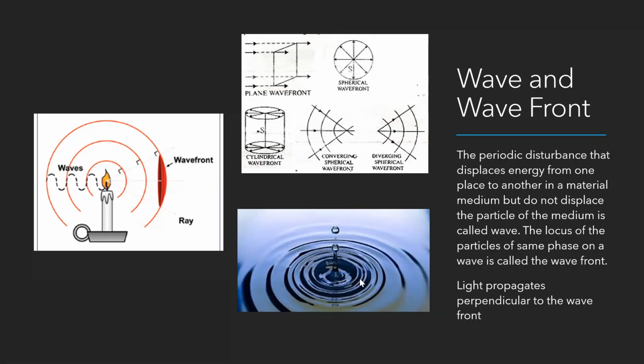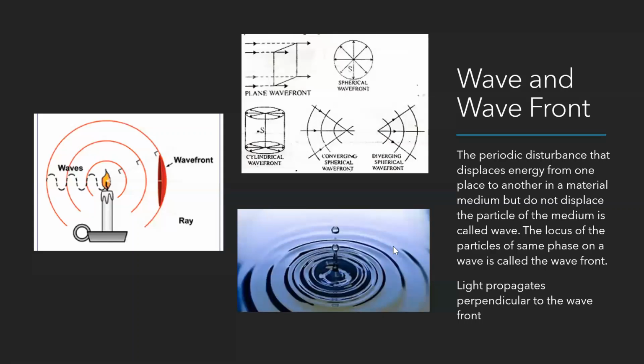Now, if I take a nearby point, the particles at that point are moving down. So along this circle, all the particles are moving down. We can call all the particles along a circle as having the same phase. So the locus of all particles, meaning the path of all particles of the same phase on a wave, is called a wavefront.